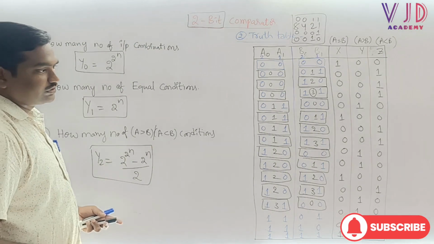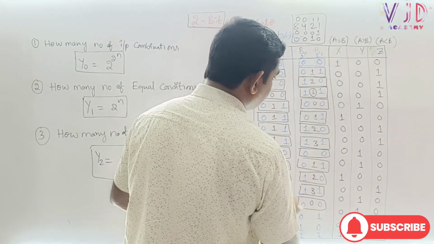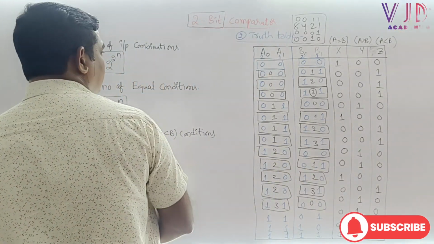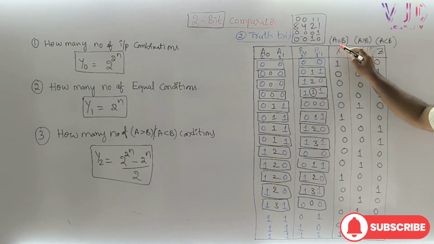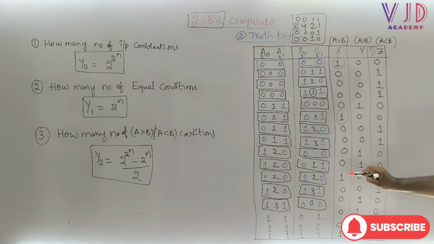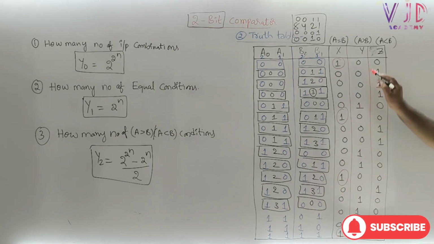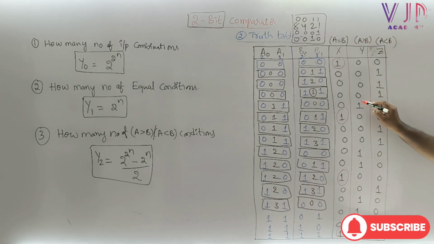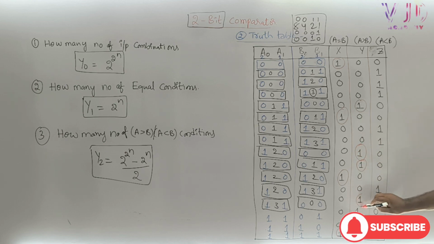Look at this truth table, and let me try to explain. How many A equal to B conditions are there here? This is 1 and 2, and this is 3 and 4 conditions. Coming to A greater than B, here 1, 2, 3, 4, 5 and now 6 conditions.